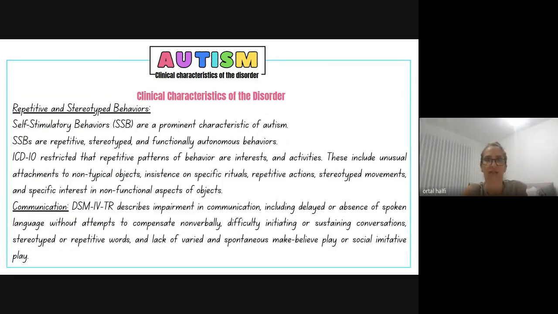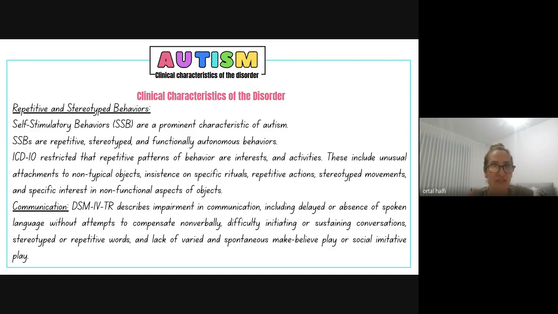Clinical characteristics of the disorder: repetitive and stereotyped behavior. Self-stimulatory behavior, SSB, are prominent characteristics of autism. SSB are repetitive, stereotyped, and functionally autonomous behaviors.